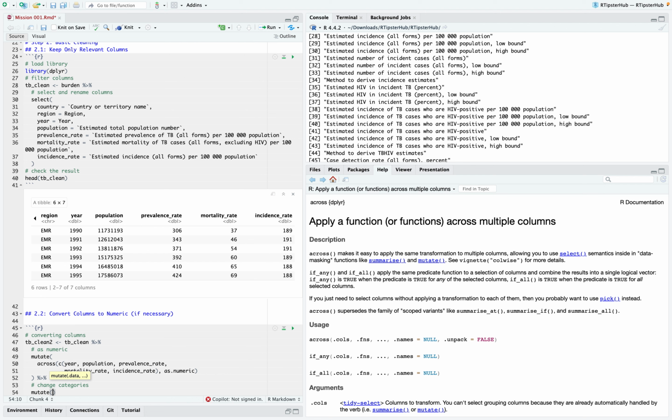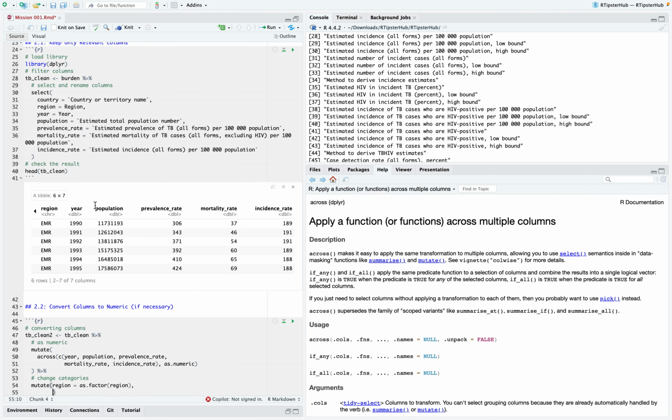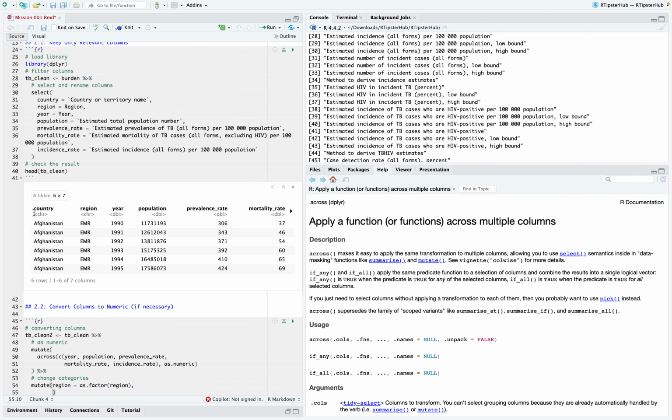At the beginner level, I think it's fine to separate this for each task that you're asking R to do, separate it into one line of code. So we can say as factor, region, and then the other thing we wanted to change was country. Well, country could also remain as a character at this point. I don't think it will make such a big difference.